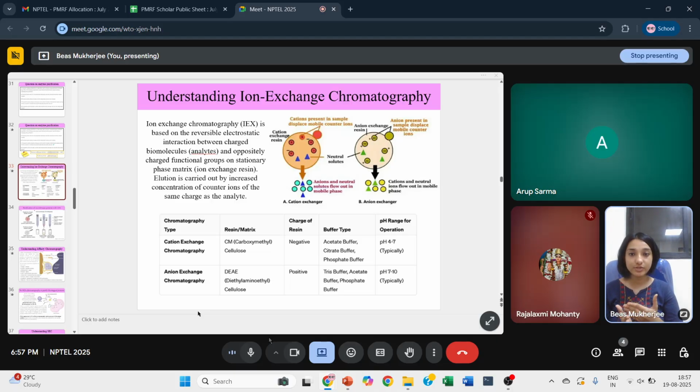So you can refer to that. And let's say there is an anion exchanger. So in an anion exchanger, the resin is positive and the protein is an anion. So DEAE cellulose is used, and the buffer pH is around 7 to 10.